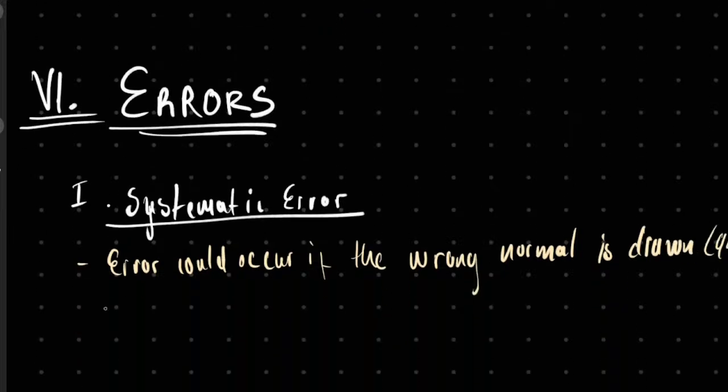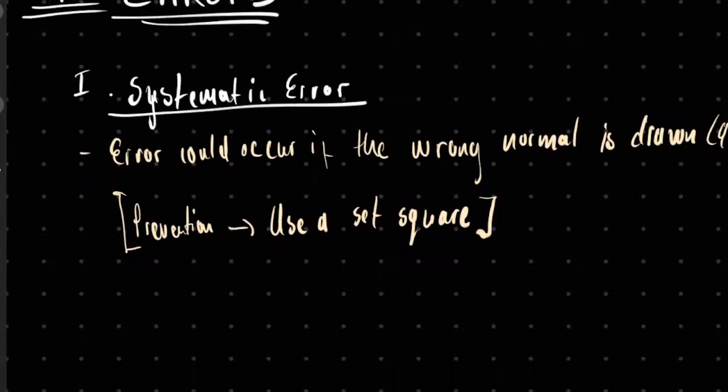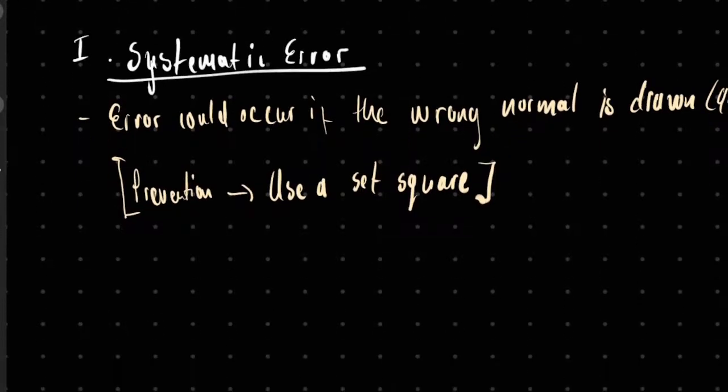How do you prevent against it? Prevention: use a set square. So that means there's another piece of equipment that is going to be needed. This experiment has a source of error. Well done. And this is how you can fix it.